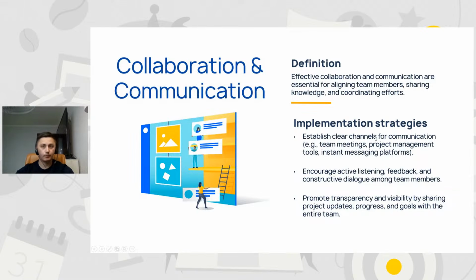And collaboration and communication, the key aspect of any product team and of the product approach is collaboration and communication. So the product team should not act as a group of individuals.